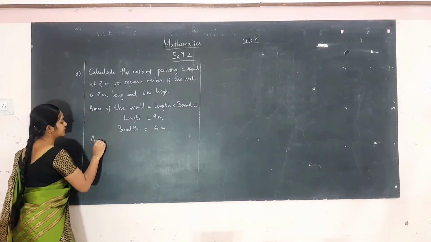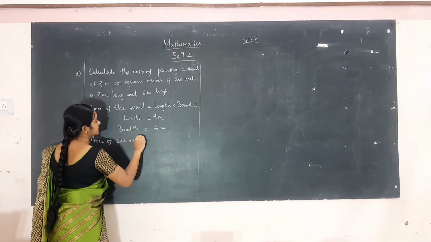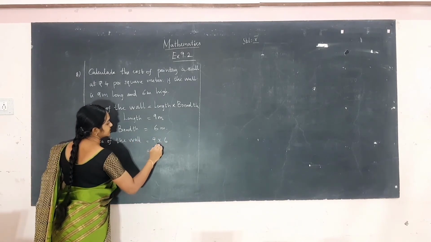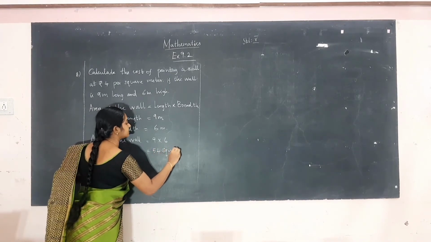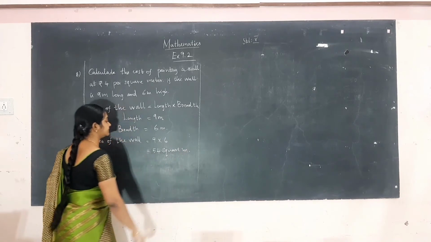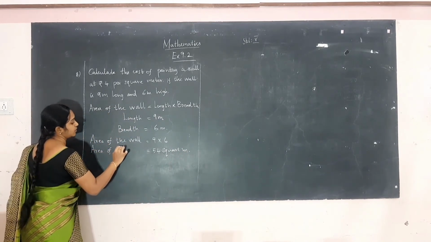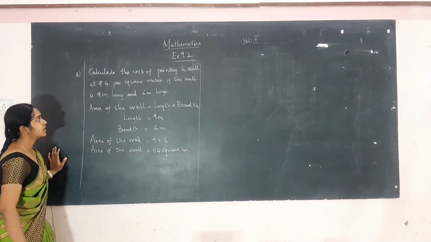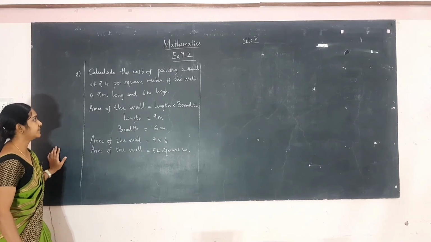So area of the wall is equal to 9 into 6. 6 9s are 54 square meter. Area of the wall is 54 square meter. Next, cost of painting a wall is rupees 4 per square meter.